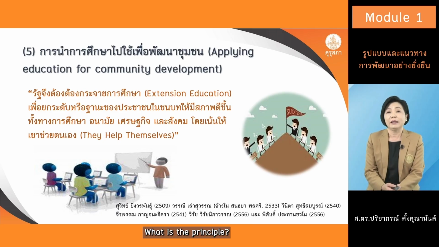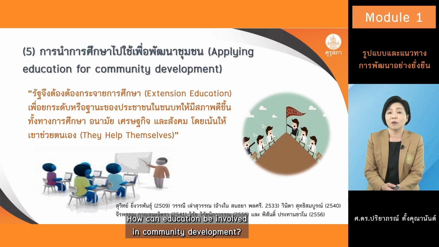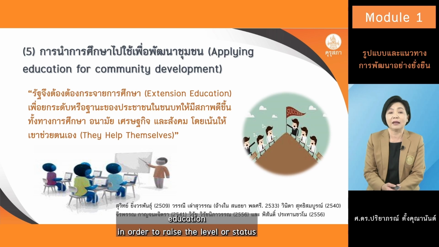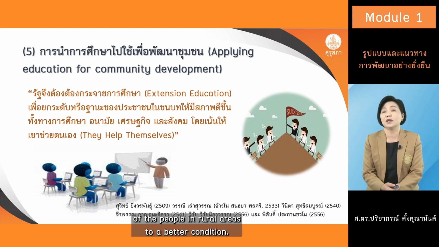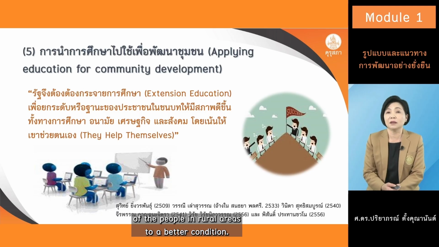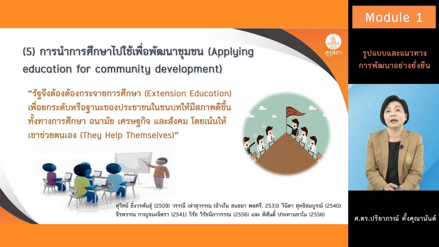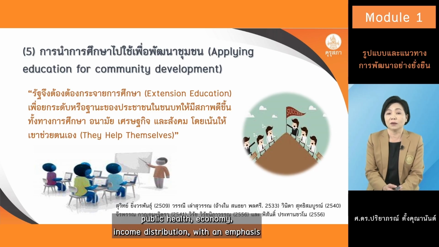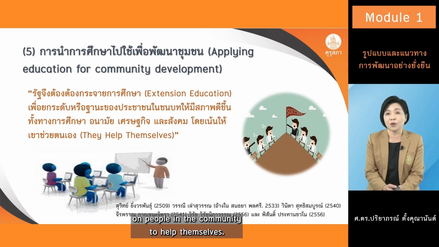What is the principle? How can education be involved in community development? The state itself needs to spread education in order to raise the level or status of the people in rural areas to a better condition. Not only education, but also health, public health, economy, income distribution, with an emphasis on people in the community to help themselves.